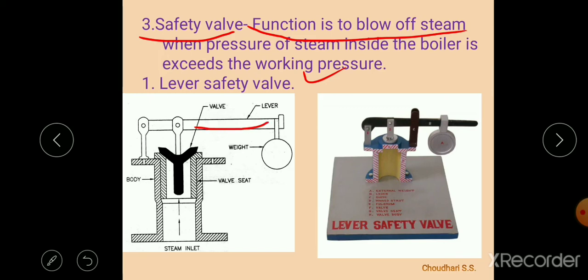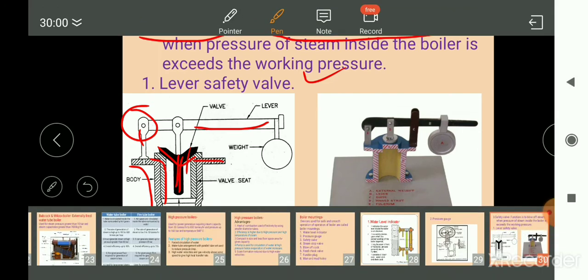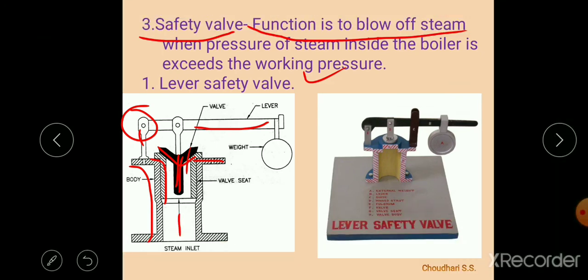The lever is connected to the valve body. At this end the fulcrum is provided, so it causes lever motion in upward and downward direction. This is the valve provided, and this is the valve seat. The valve rests in this valve seat. On one side the steam is coming from the boiler shell, as it is fitted to the mounting block of the boiler.